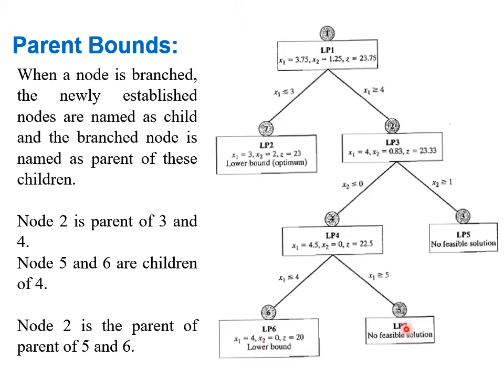In this perspective, node 2 is the parent of node 5 and 6 as well. So we do not just look at the direct relationship between parents and children, but the parent of a parent is also named as the parent node.